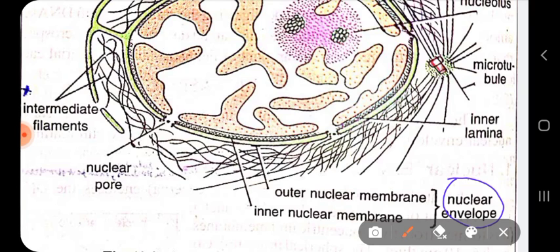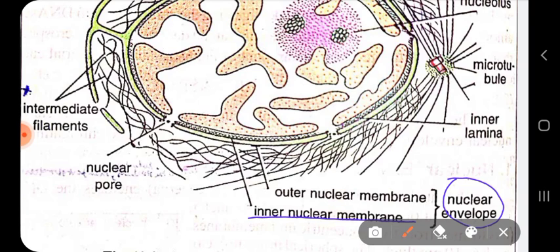It is formed of two concentric unit membranes. One is your inner nuclear membrane and the other is the outer nuclear membrane. If you see the inner nuclear membrane, it contains specific proteins that will act as binding sites for the supporting intermediate filaments, and that is called the nuclear lamina.